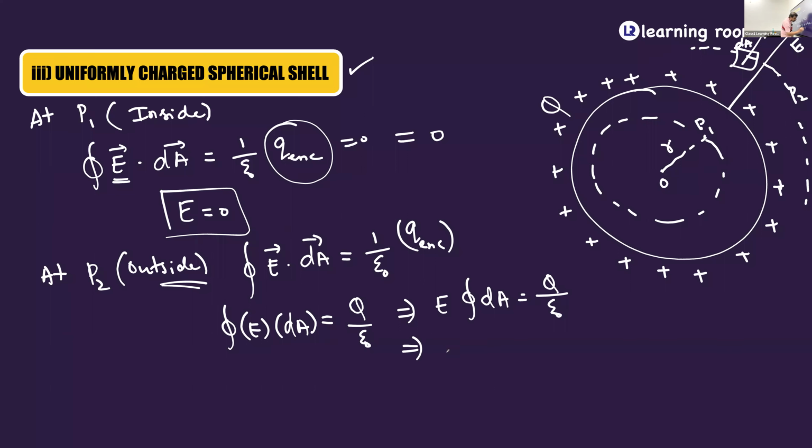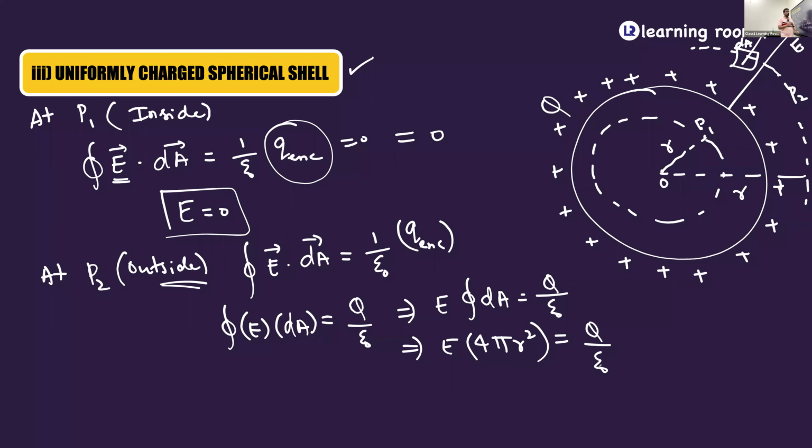So what is going to be the value of E? What is the surface integral of dA? Let's say this radius is R. 4 pi R square will be equal to Q divided by epsilon naught. Point to be noted here is the small r is a variable.